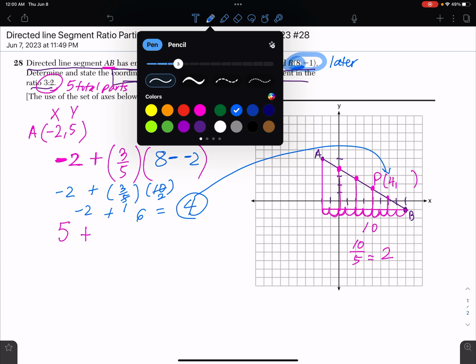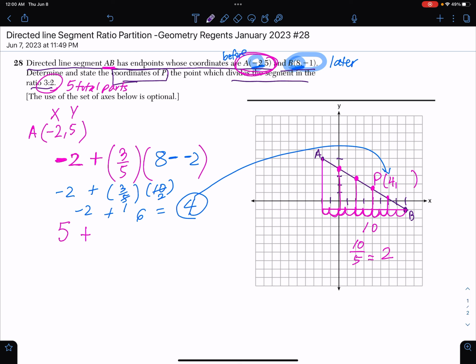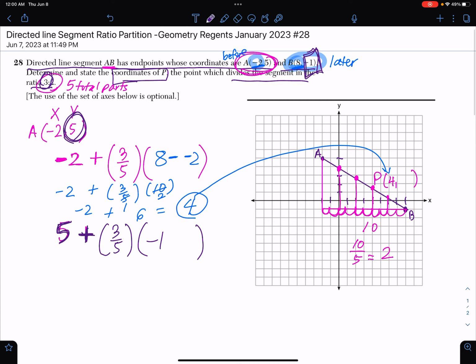Now we're going to solve for y. We continue the same idea. Now we're looking at y, so I start with 5. I'm going past that number, going 3/5 the distance between the y's. So we look at the later y, which is negative 1, minus the earlier y, which was 5.